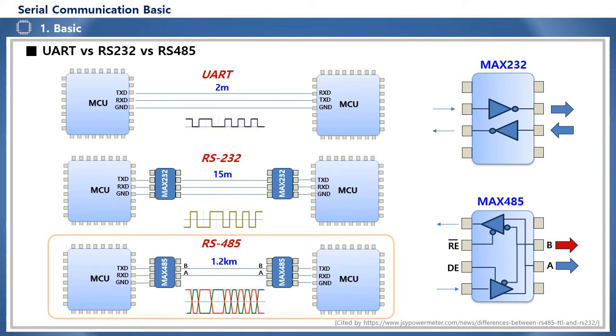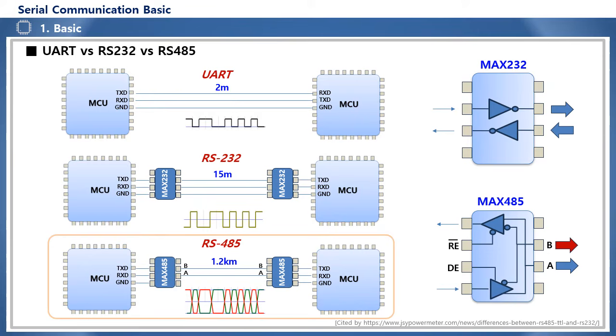If a 0 to 5 volt signal is transmitted on the plus communication line and an inverted 0 to minus 5 volt signal is transmitted on the minus communication line, the subtraction signal on the receiving side will secure a potential difference of 10 volts, and at the same time, the noise introduced to the 2 lines is eliminated.